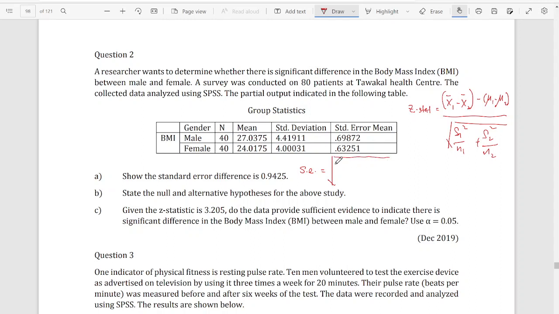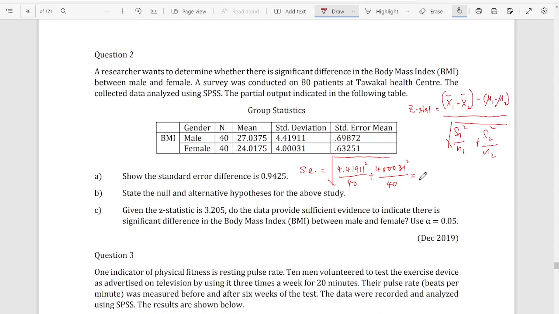So in this situation you can say that the standard error is equal to the square root of, berapa nilai dia? 4.41911 kuasa 2 bahagi dengan 40 tambah dengan 4.0031 kuasa 2 bahagi dengan 40. So kita kena kira yang ni, tengok betul ke tak?